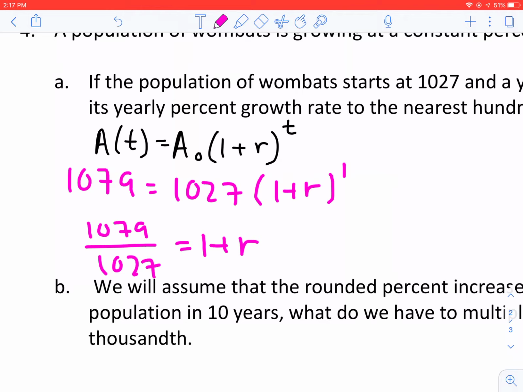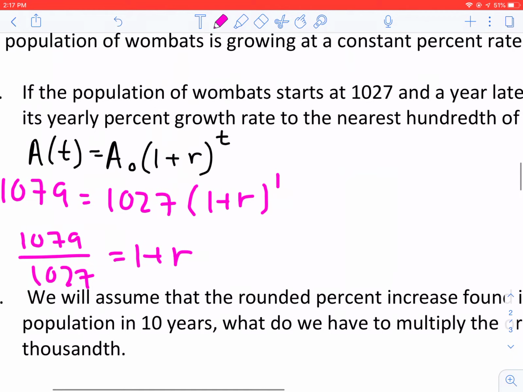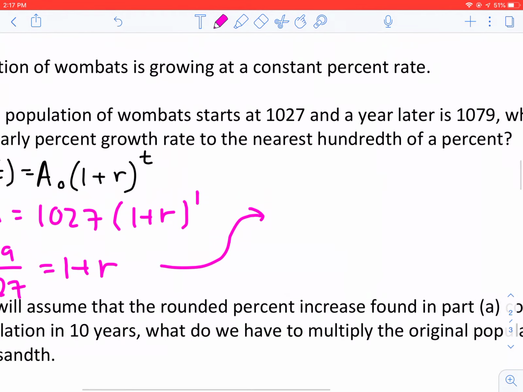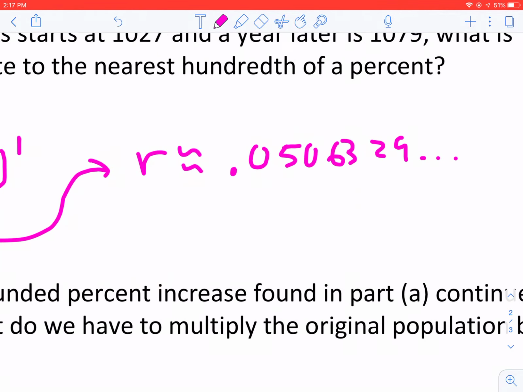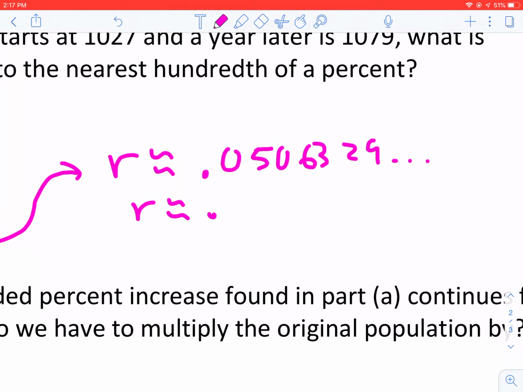And so, let me type this in my calculator. r is going to be about 0.0506329... Change this to a percentage first before doing any rounding. Try to get as many decimals as you can. 5.06329%.